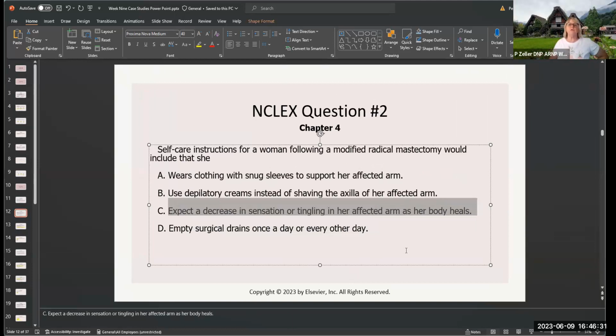A modified radical mastectomy means they're taking out some of the lymph nodes, and that causes the arm on that side to become edematous. It's called lymphadenopathy, extra lymph fluid, because if you remove the lymph nodes, the lymph has nowhere to go. So sometimes we can send a woman to physical therapy for that.